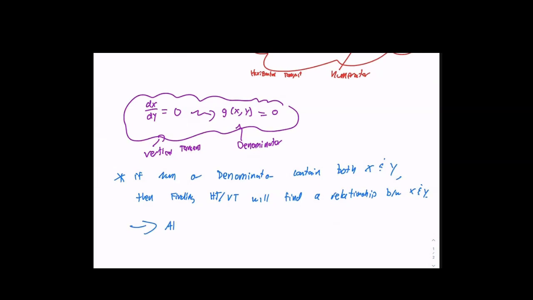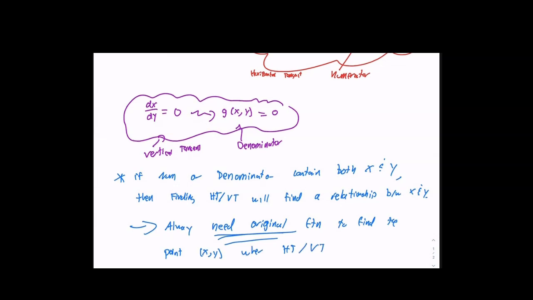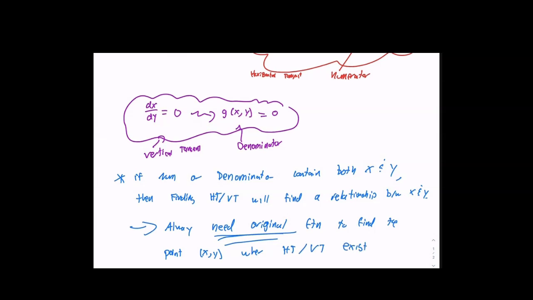You will always need the original function to find the point x,y when a horizontal tangent or vertical tangent exists.